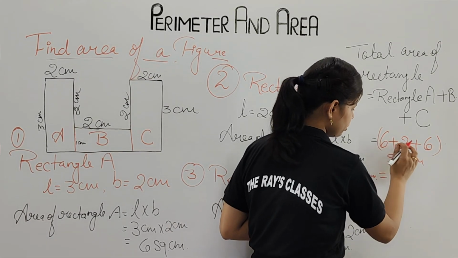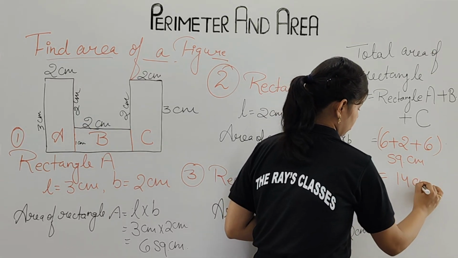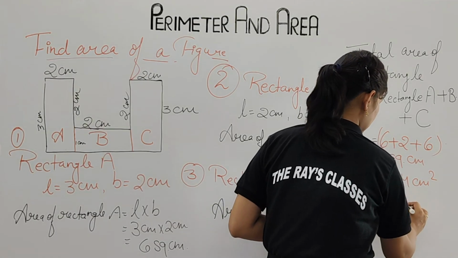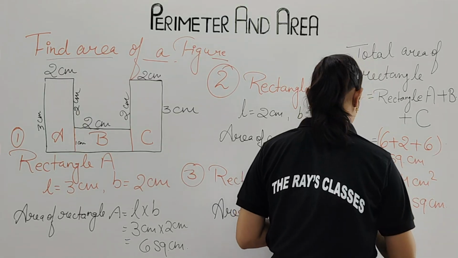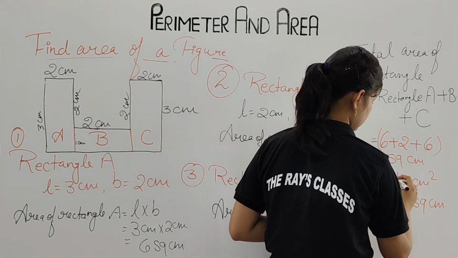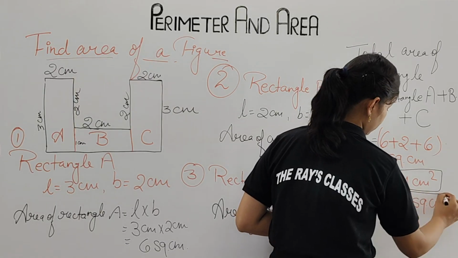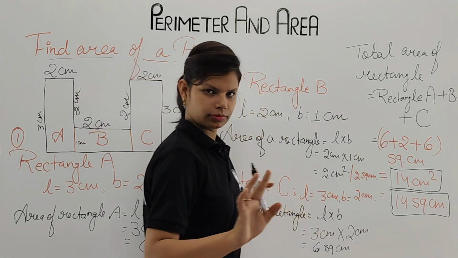Overall when you add 6, 2 and 6 you will get 14 centimeter square, or you will get 14 square centimeter. Clear? Both of these answers will be correct for the total area that we find in this figure. Understood?